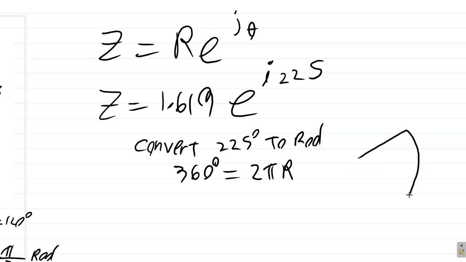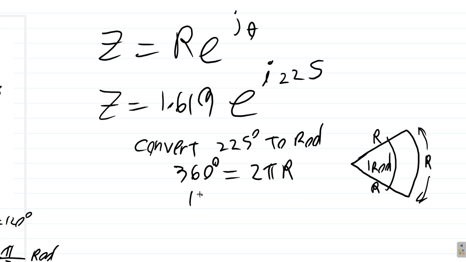Remember that 1 radian is really 1 radius. When the radius of the circle is equal to the arc length, then you have 1 radian. So it's 2 pi radians.